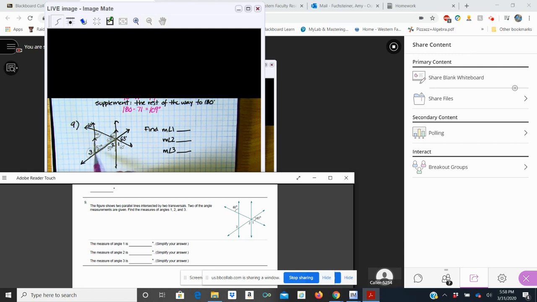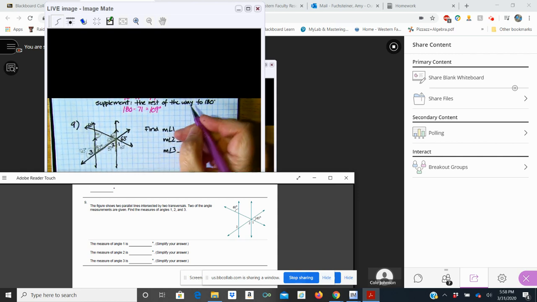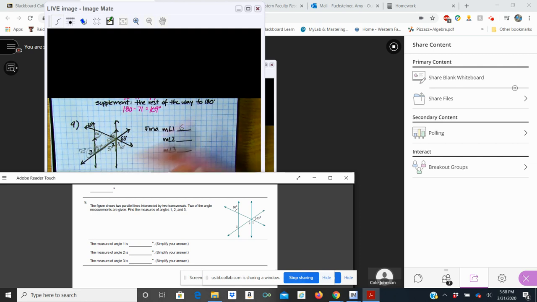Because it has to be 180 minus the 57. So for angle 1, we got 60 degrees. For angle 2, we got 57 degrees.